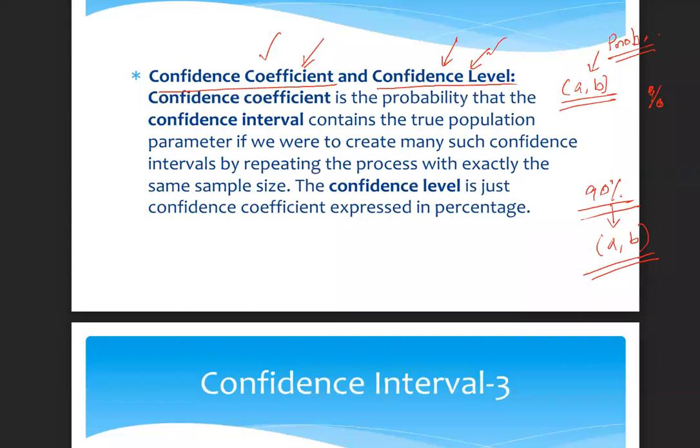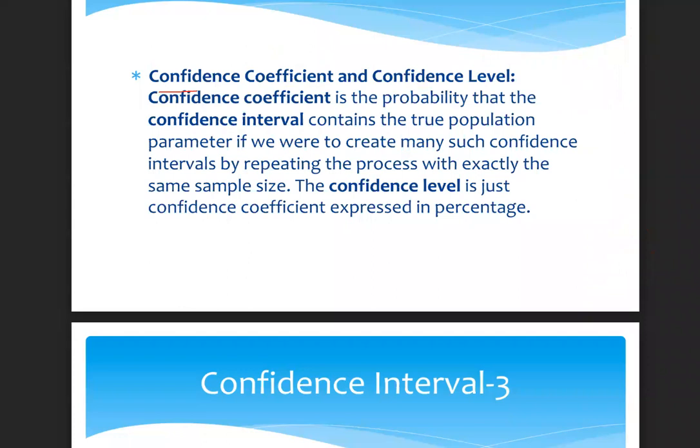No, it's not 90% probability. They would say 90% confidence level, which means if you were to create many of them, approximately 90% of them will include the population parameter, and 10% of them will not. And it will make a little bit more sense as I spend more and more time on this.